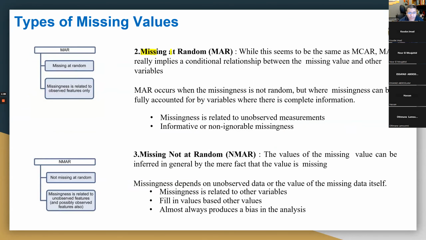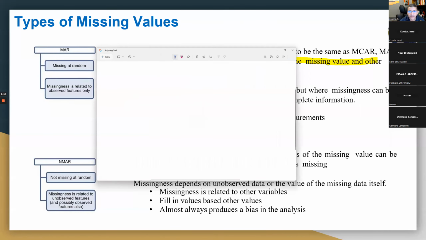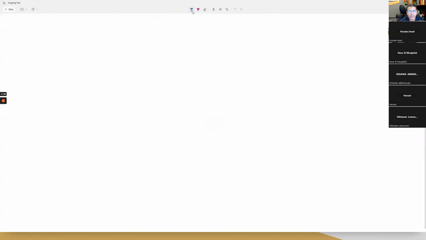كاين missing at random. This seems like MCAR, implies conditional relationship. مثلا just no, I want to collect some information from you. وصفت لكم a survey. I sent you a survey, and in that survey there are a few questions. Question number 1. I asked you about your name. Question number 2, your age.